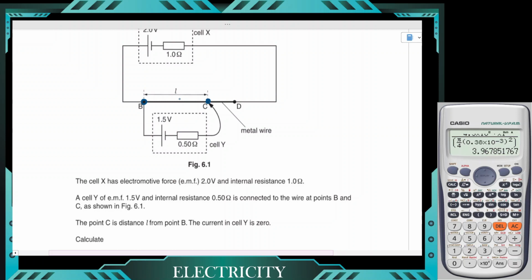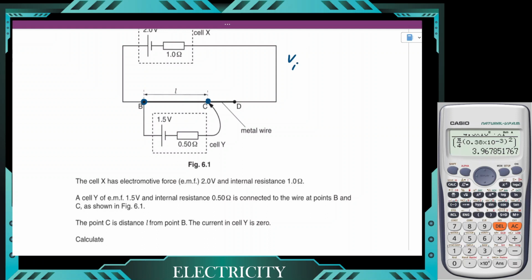If no current flows, then we can say the voltage across BC equals the EMF of the lower battery, which is 1.5. Let's call it E2. That would be E2. And we can say the voltage across BC is also 1.5 volts.